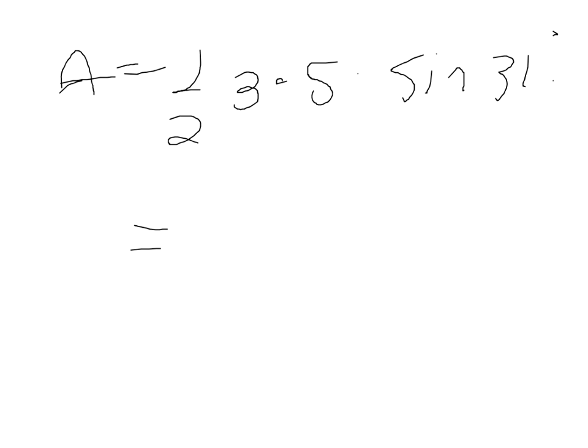Okay, hang on just a second. So 0.5 times 3 times 5 times sine 31.31 degrees, and it's 3.9 units squared.